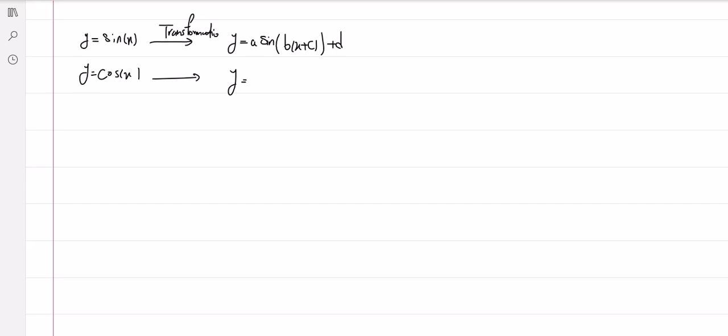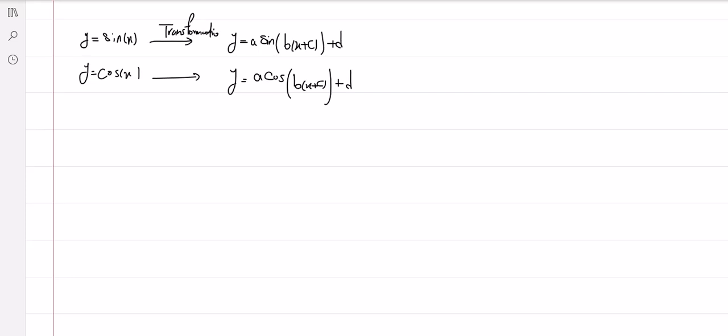And for cosine, we have a cosine of bx plus c plus d. Each parameter of a, b, and c affects the graph differently, and we're gonna break down their meaning.